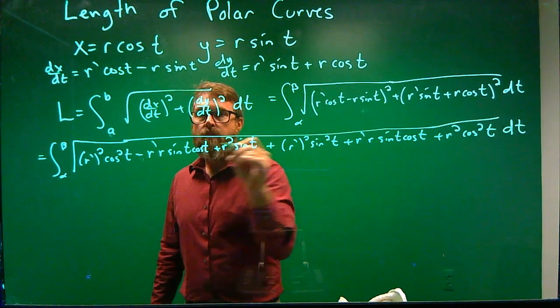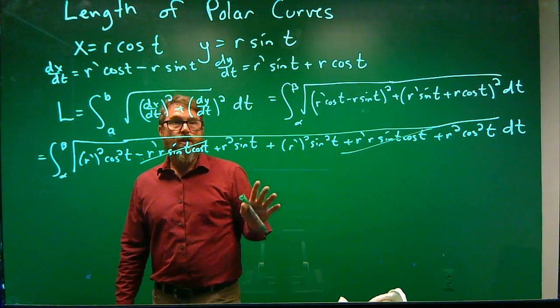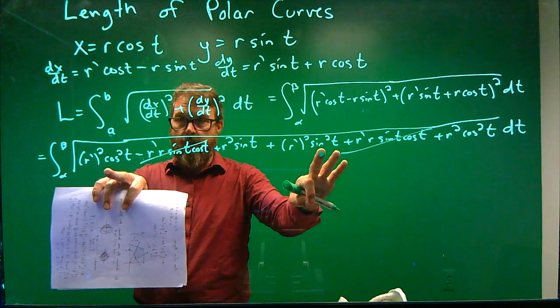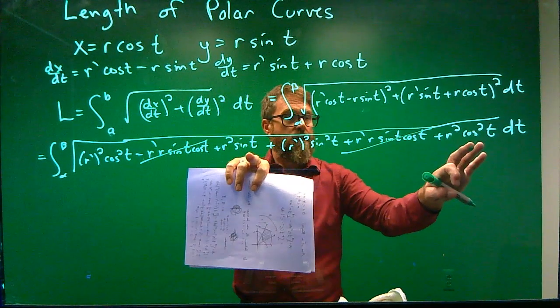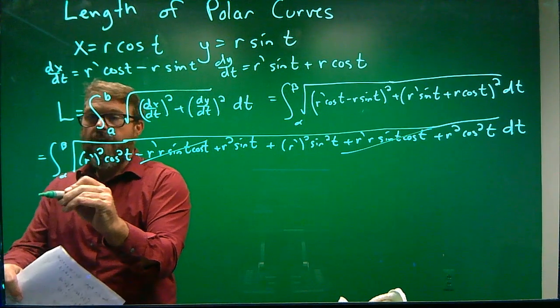So one thing we immediately noticed was that the cross terms cancel. And then another thing that I noticed is that these things share the same coefficient of r prime squared, and then similarly these share the same coefficient of r squared. So I can factor those things out.